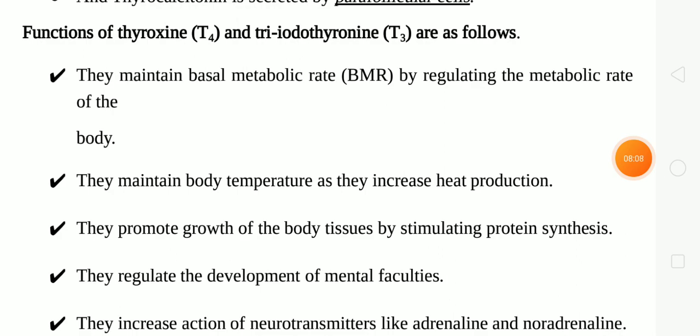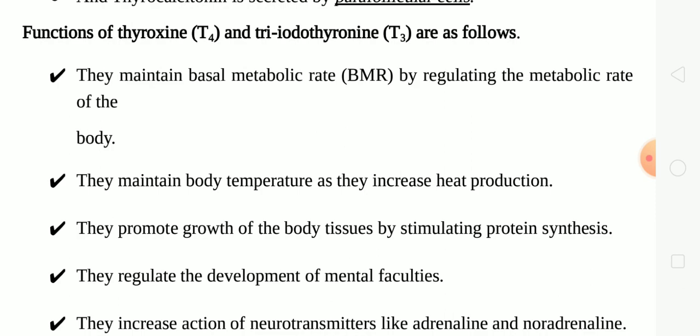Now let us know about the functions of the thyroid gland. As it is the largest gland of the endocrine system, the thyroid gland has many functions, and as it releases three types of hormones, first of all, let us see the functions of T3 and T4 hormones. T3 and T4 maintain the basal metabolic rate of our body by regulating the metabolic rate.